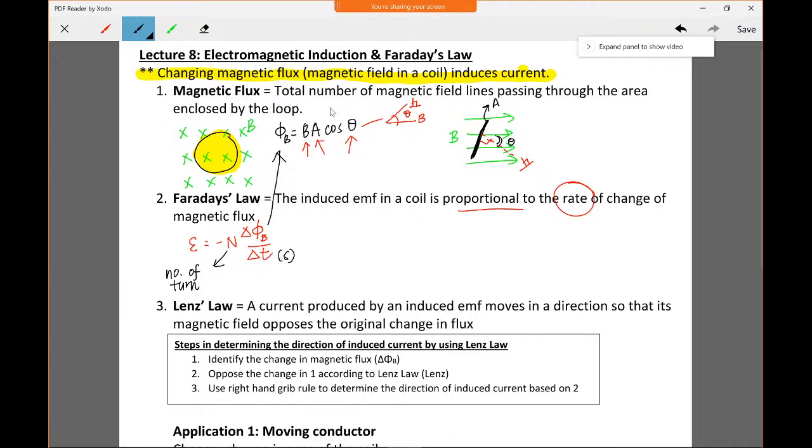Magnetic flux is given by BA cos theta. B is the magnetic field in the unit of Tesla. A is the area of the coil in the unit of meter square. Theta is the angle between the normal line and the magnetic field.